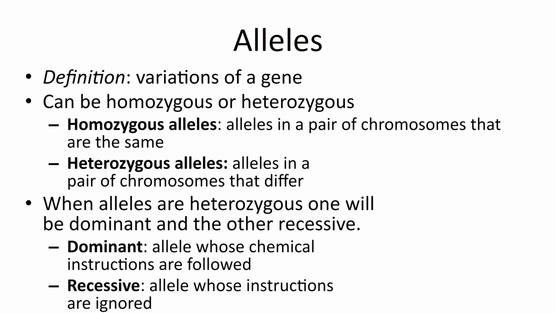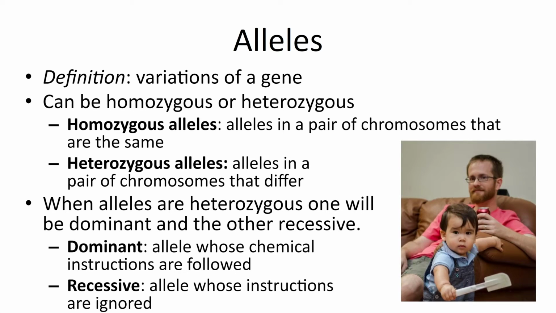So take this example. Here's a picture of me with my nephew. Just for your reference, my brother looks basically identical to me. He doesn't have a cool beard like I do, but he basically looks the same. So as you can tell, this kid looks very little like me. It looks very little like the father.